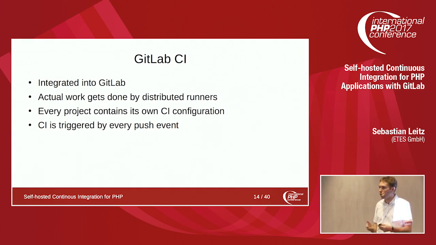If you want tests for a project that is in your version control system, you have to set up Jenkins and tell it where the repository is and listen for hook events or whatever is used there and perform something then. GitLab integrates this directly into the project. So as a project owner, I can just set up my CI independently from everything else in the company.